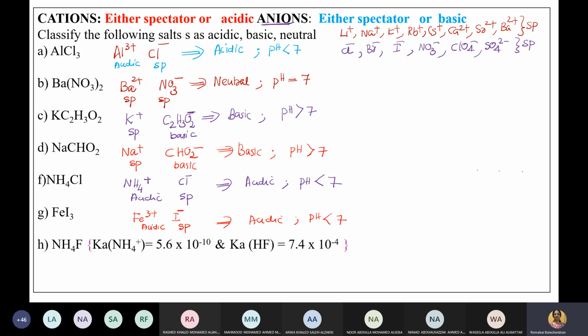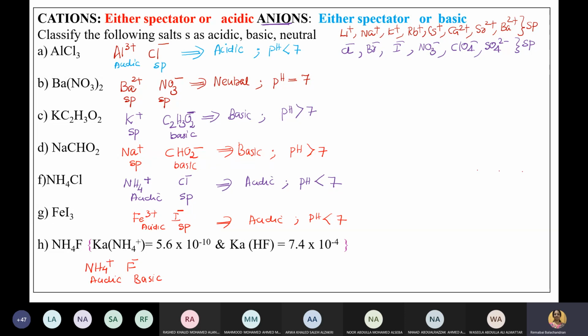Okay, we will finish this one off. NH4F means NH4 plus and F minus. NH4 plus is not spectator, it's acidic. F minus is basic. If acidic and basic are coming, you go for Ka and Kb.